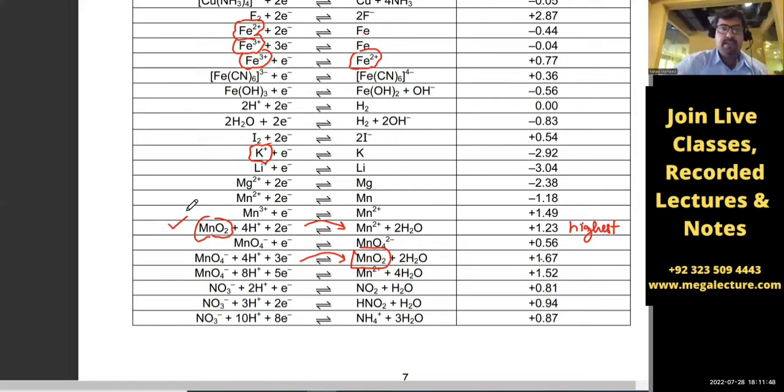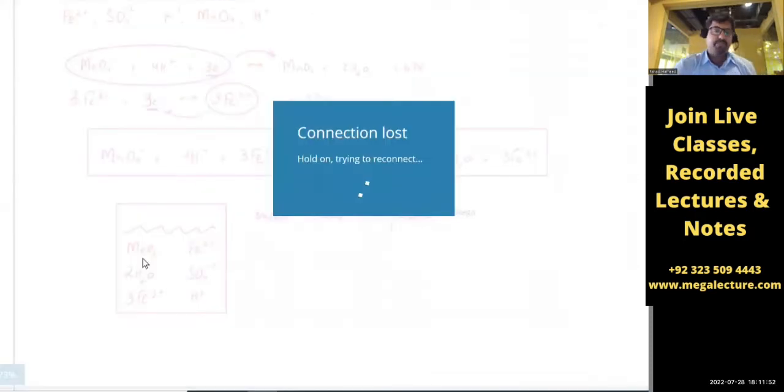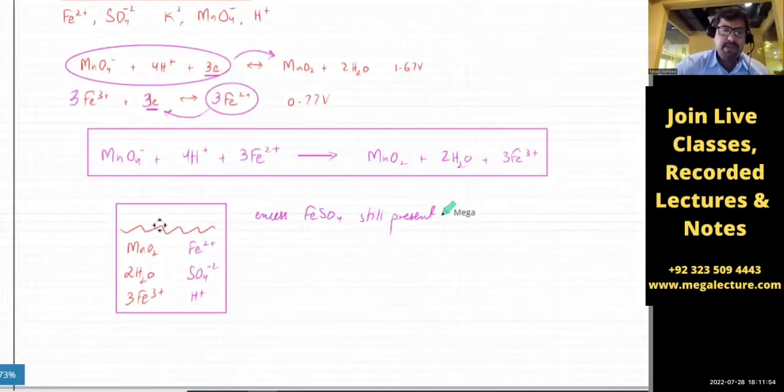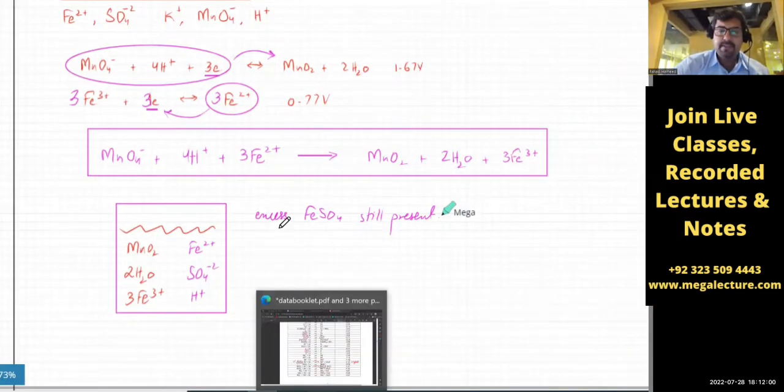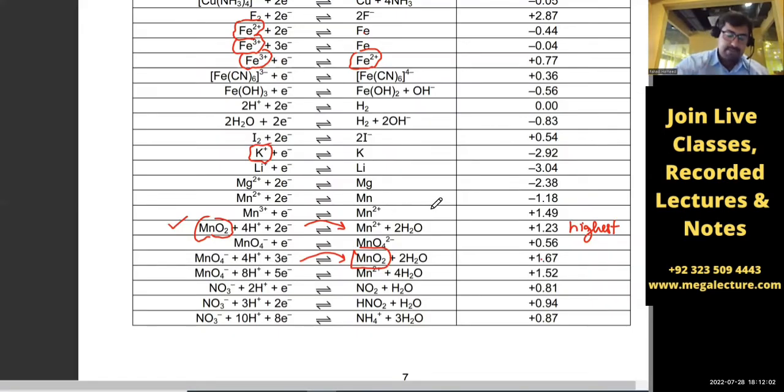So my beaker had MnO2 in it. And I figured out that MnO2 is the one that has the highest potential, and it's the one that's going to gain electrons, right? यहाँ पे देख लिया, MnO2 is the one that's gaining electrons. So I'm going to write down this equation. और फिर देखते हैं लूज कौन करेगा.